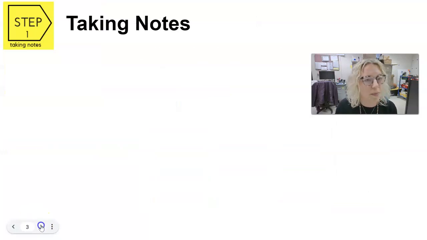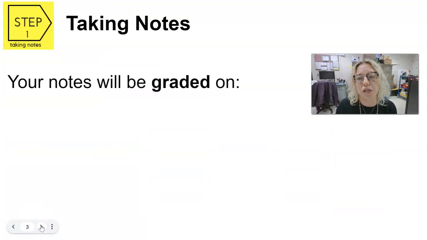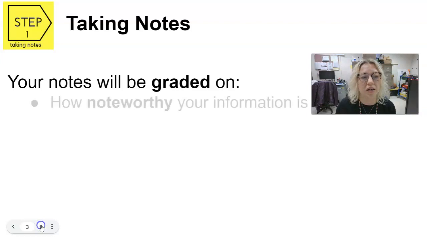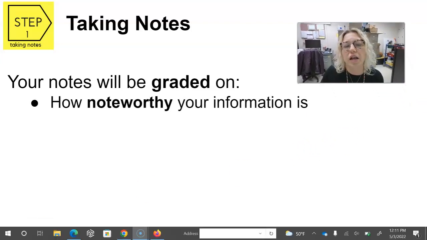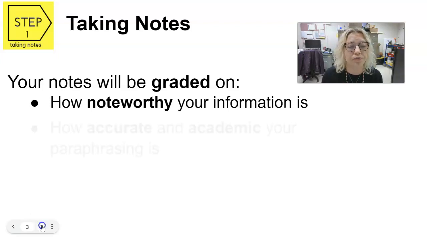Let's talk a little bit about how you're going to be graded on your note taking. First of all, you're going to be graded on how noteworthy your information is, and we talk about that some more in the next lesson, but it basically means that you're not using general common knowledge, but you're using something that actually has been researched and proven to be true.